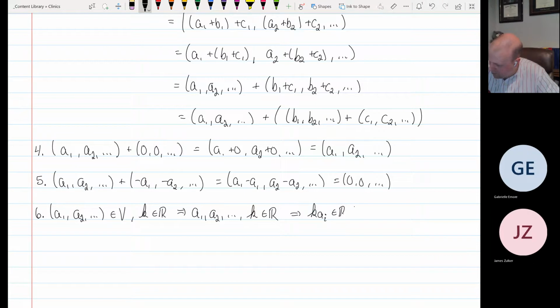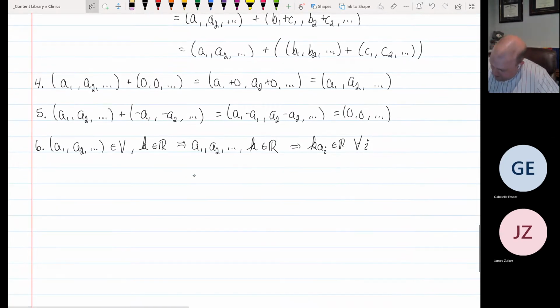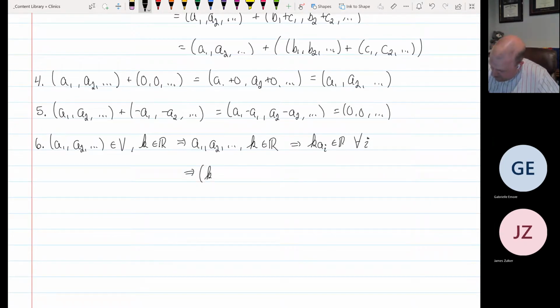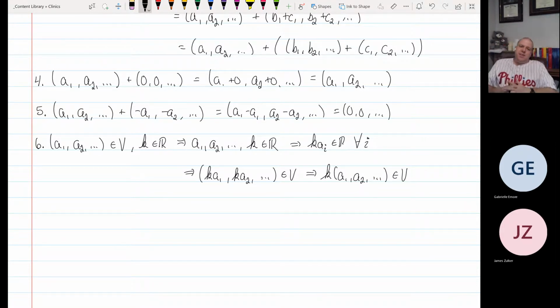K times A_i is a real number for all i. So this vector is in V. So K times the A is a vector in V. We have closure under multiplication.